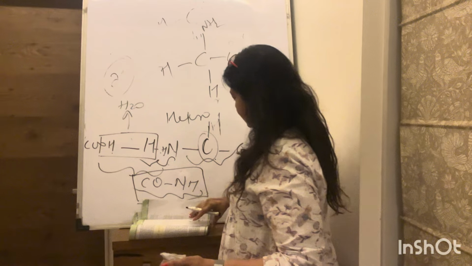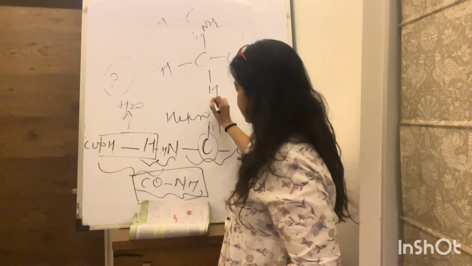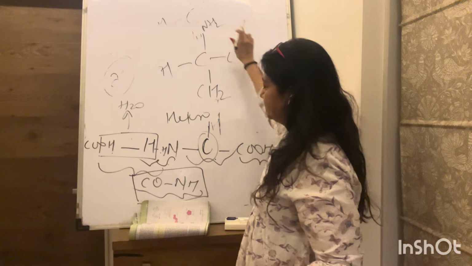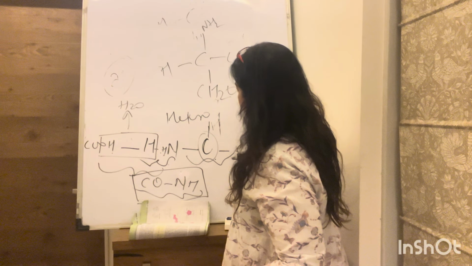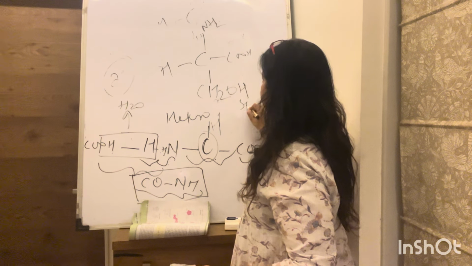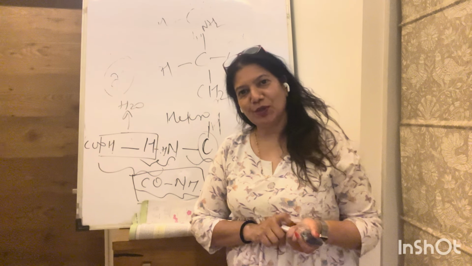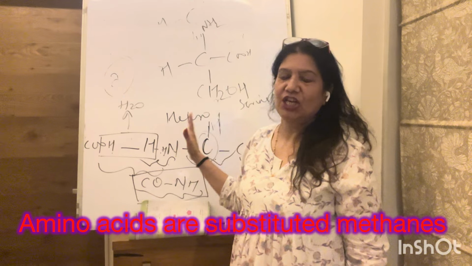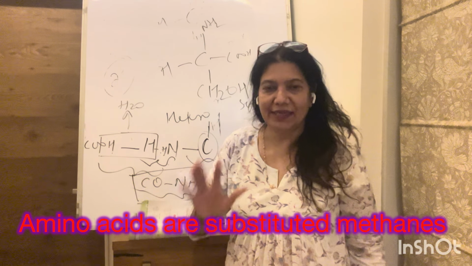This is the simplest amino acid, which is glycine. If you replace this H with CH3, it becomes alanine. And if you replace it with CH2OH, it becomes serine. It is so simple to remember the structures of these three amino acids: glycine, alanine and serine. So what are amino acids? They are basically substituted methanes.